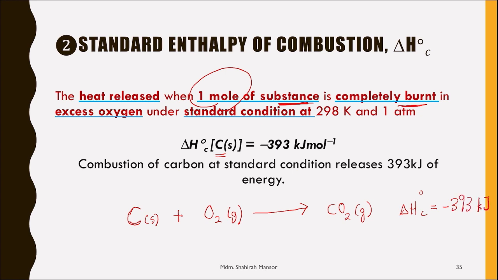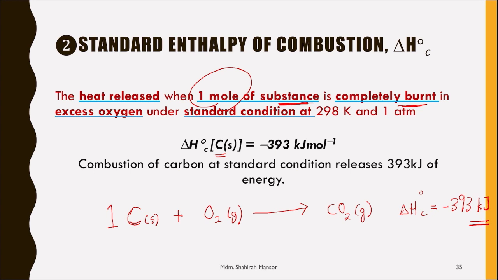So please remember, in thermochemical equation, the enthalpy unit will be in kilojoule, not kilojoule per mole. Why? Because we already fixed the 1 mole on the specific part of the reaction. We have fixed the 1 mole for substance burn.